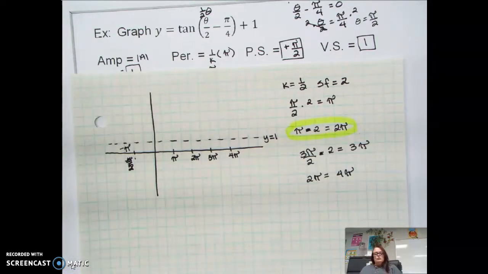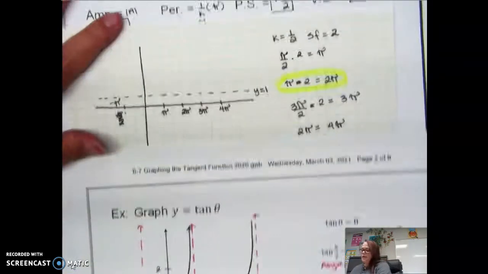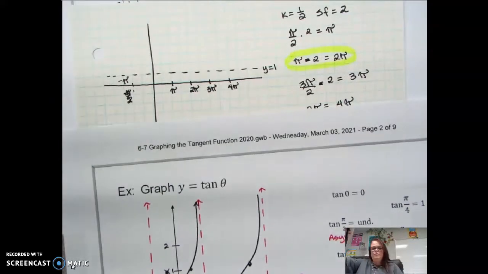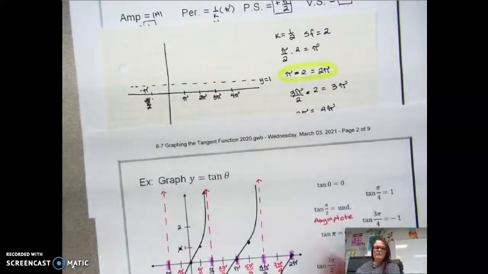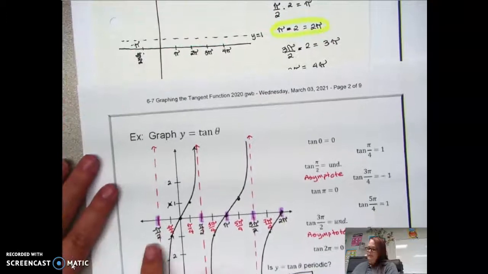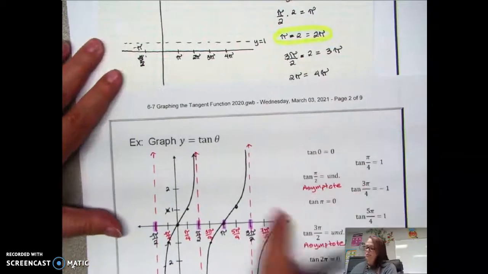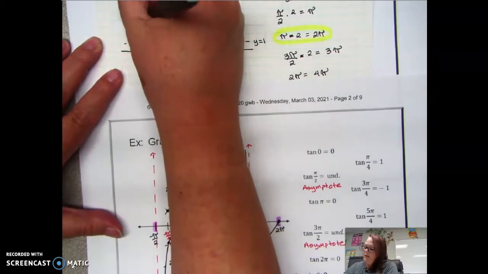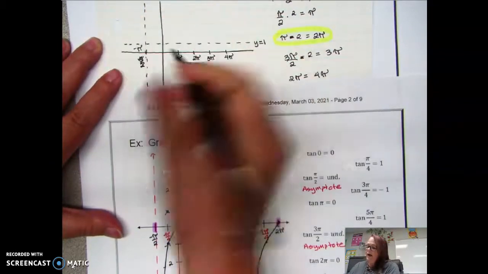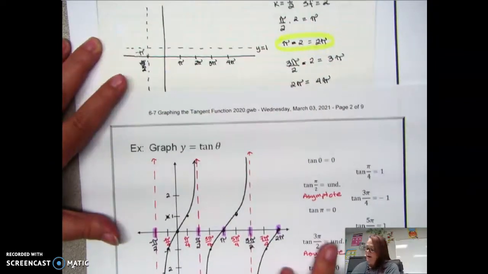Okay. So now, because I changed my units from what I had before, let me zoom out just a little bit. So I had units here at negative pi over 2, pi over 2, pi, 3 pi over 2, etc. I've changed those units so I can do exactly the same thing but with my new units. So now instead of having an asymptote at pi over 2, I have negative pi over 2, I have one at negative pi.